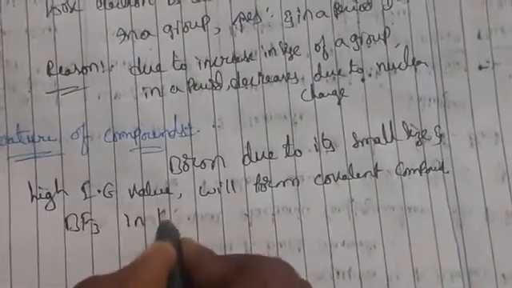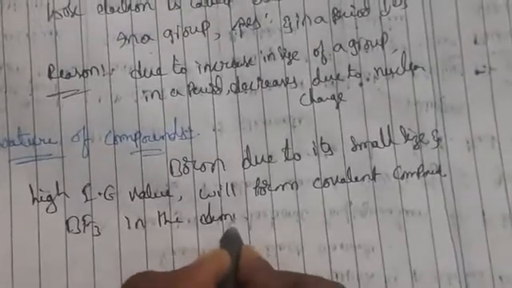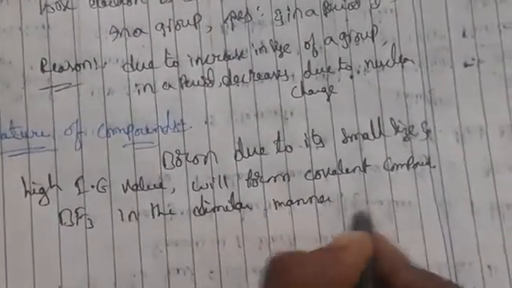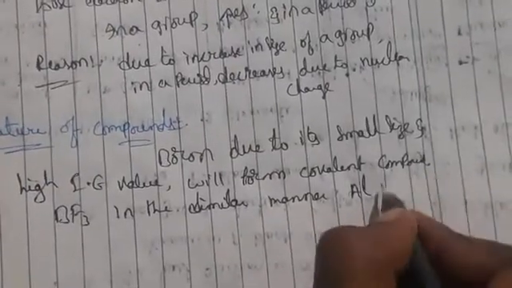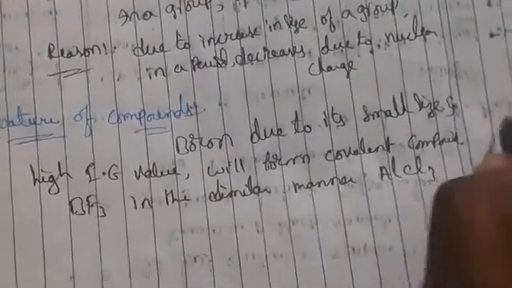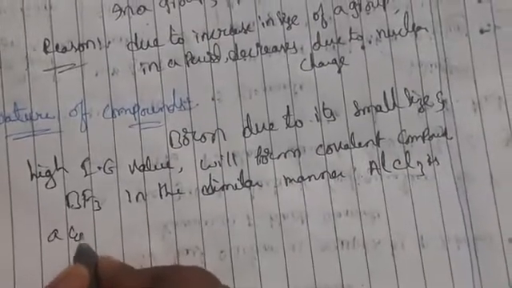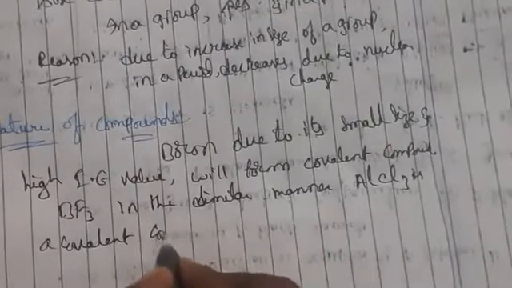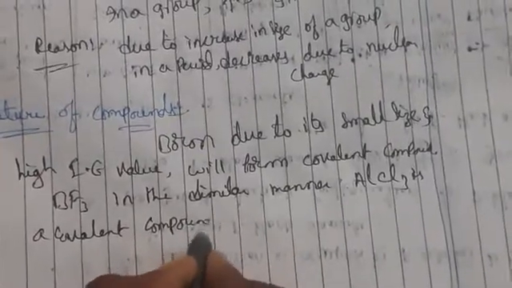In a similar manner, aluminium also will form AlCl3. Okay. AlCl3 as a covalent compound it is going to form.